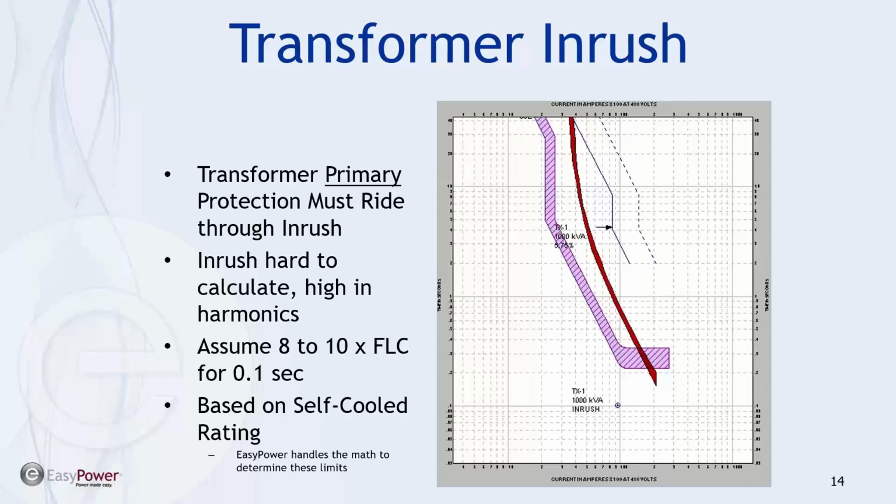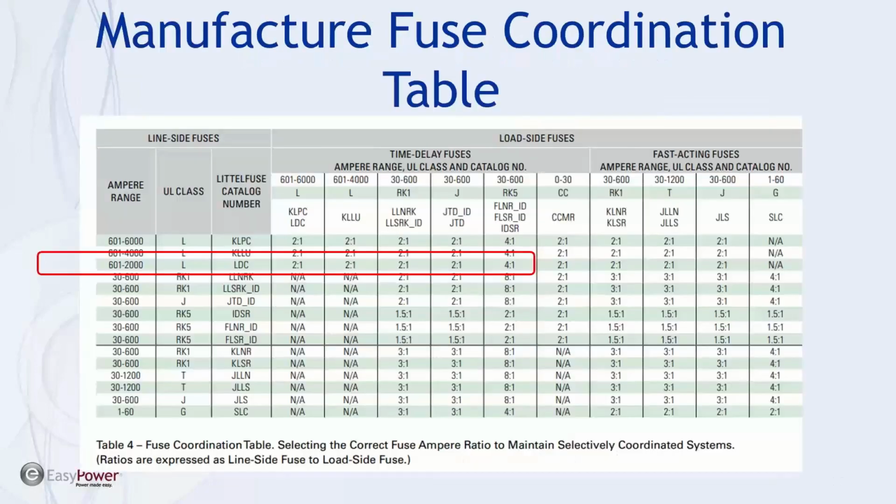Now, in terms of coordination, the manufacturers provide to us fuse coordination tables in addition to the TCC curves. And the factor I'm trying to point out with this particular inset is that as long as we have a 2-to-1 ratio in the same family, the manufacturer is suggesting we will get series coordination.